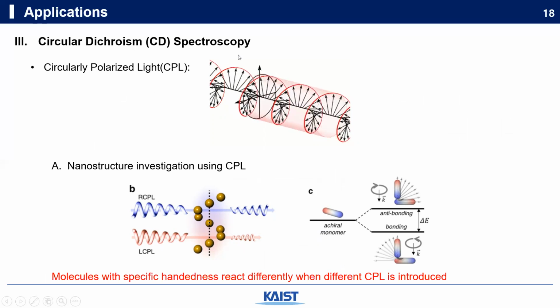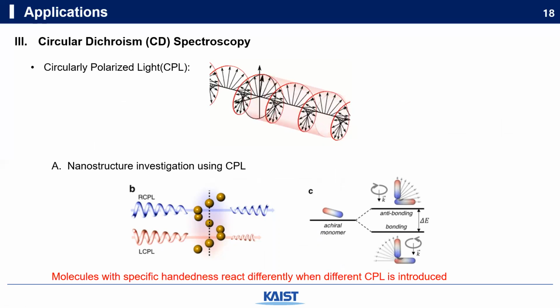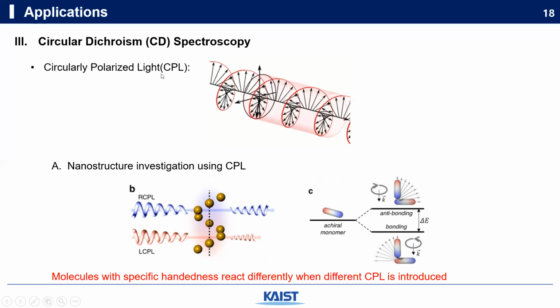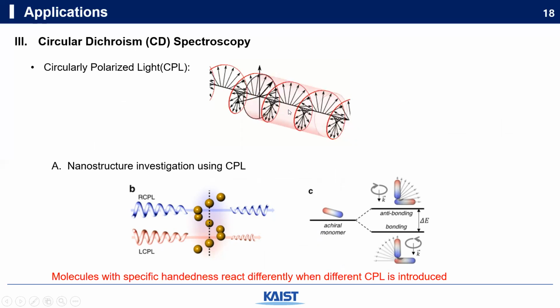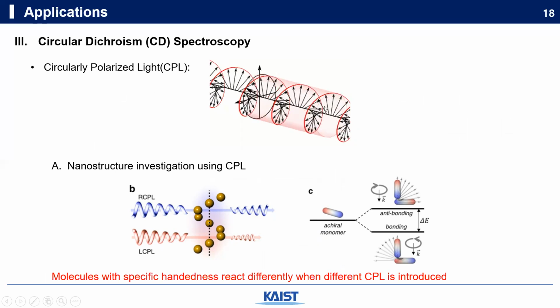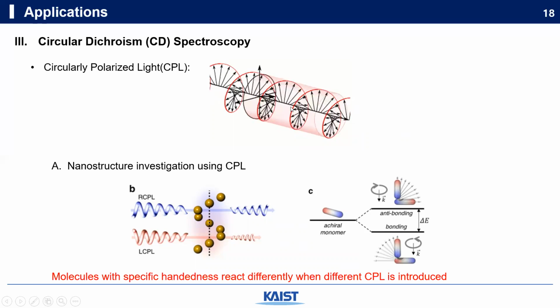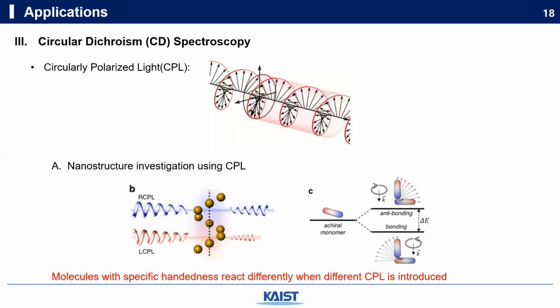Before dealing with CD itself, it would be better to deal with circularly polarized light beforehand. As shown in the top figure, circularly polarized light, or CPL, propagates while its electric field vector is rotating. Therefore, when CPL is exposed to the sample, the rotating electric field interacts with the sample's 3D structure.